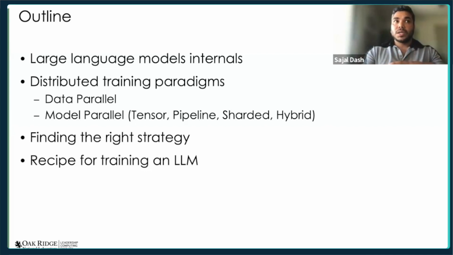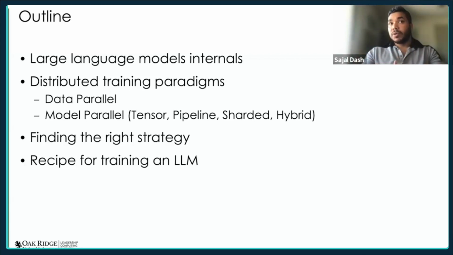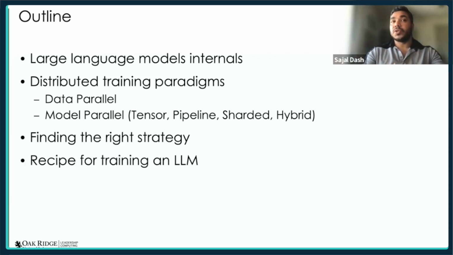And finally, I'll share the recipe for training a large language model up to a trillion parameters on our system. What I found is that most of these findings or recipes are translatable or useful for other clusters too. You just have to be mindful about the nuances in their node architecture and whatnot.